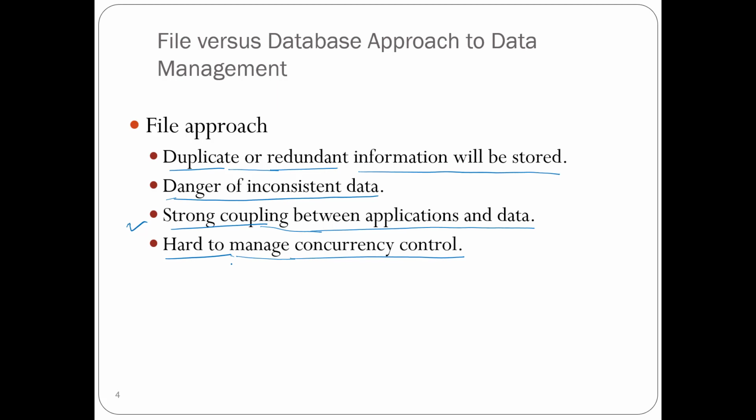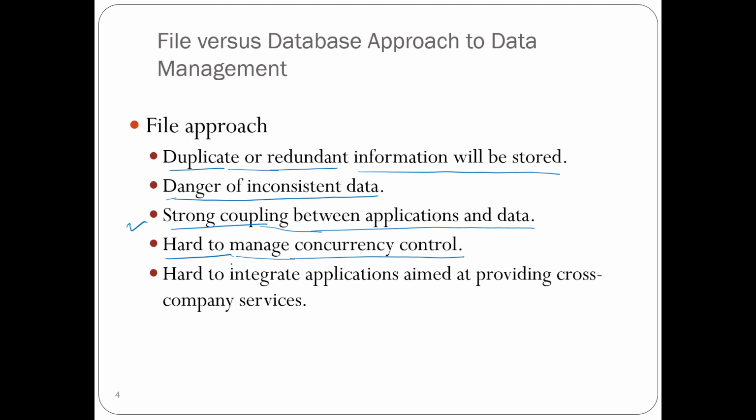Concurrency control is an issue that we need to address when the data is being accessed by more than one user. So we want to make sure that the data is accessed by the users in such a way that the data always remains consistent. And with the file-based approach, concurrency control is very difficult.